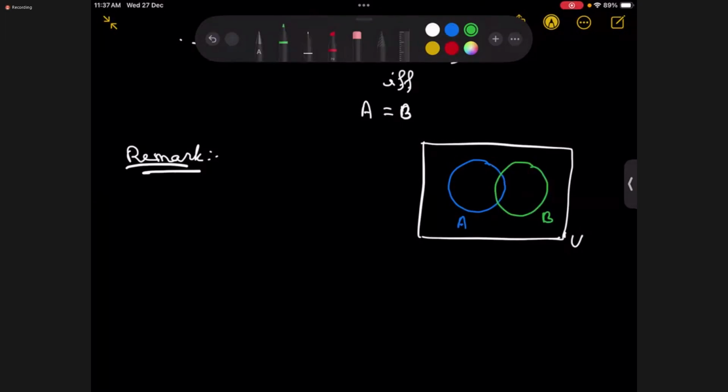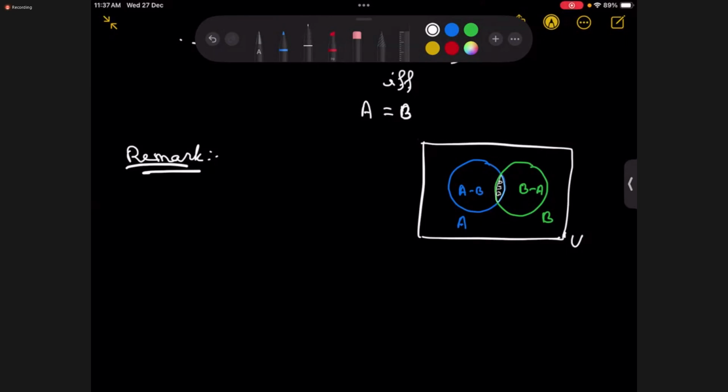Not like this. This is our B minus A. This is our A minus B. And this is the set A intersection B.